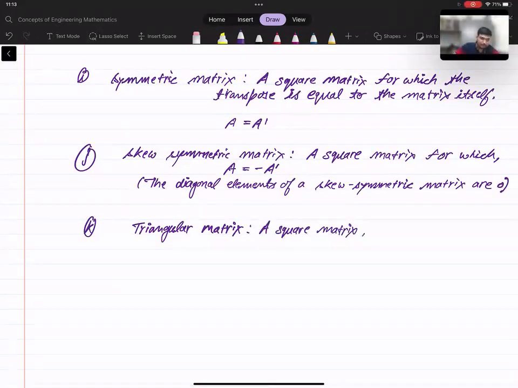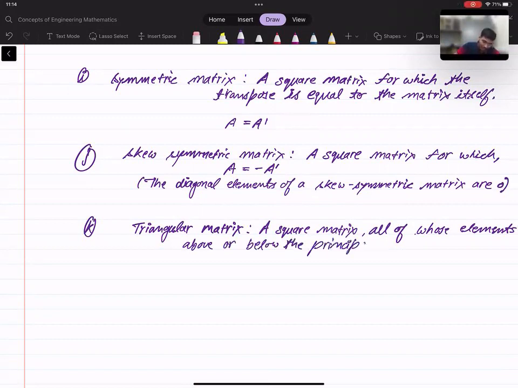So this is a square matrix, all of those elements above or below the principal diagonal are zero. Suppose we have a matrix A in which all the elements below the principal diagonal are zero.